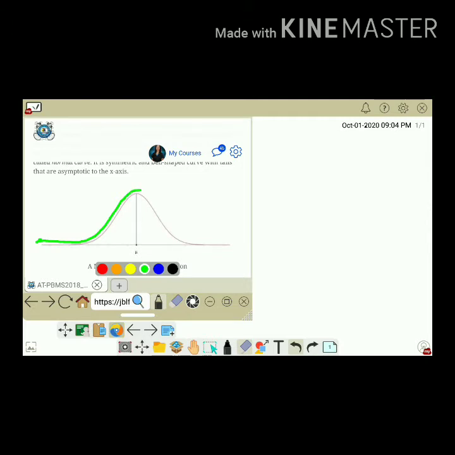When we say flatten the curve, that only means we have already reached the highest possible peak, the highest possible number, and it will go down already. That is what they mean by flattening the curve.